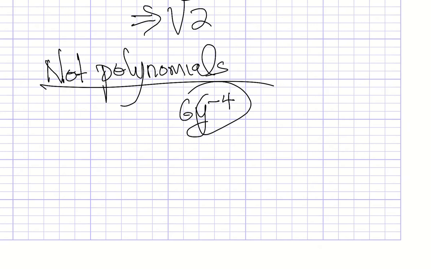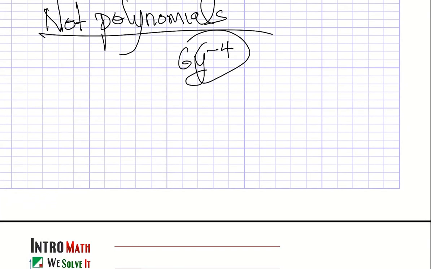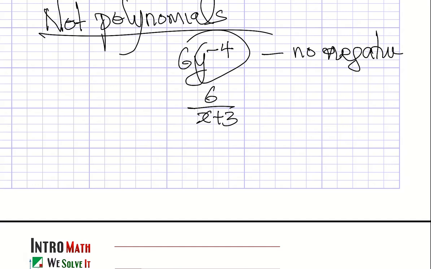If you have negative exponent, then it's not a polynomial, okay? Or something like this, like 6 divided by x plus 3, it's not a polynomial because you can't divide. No negative exponent allowed. It's not allowed, okay?